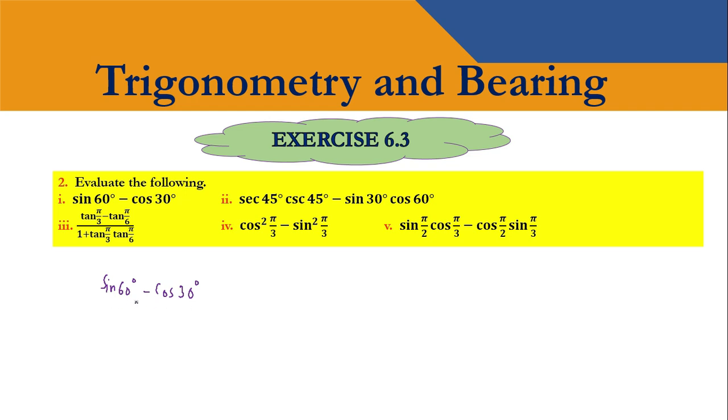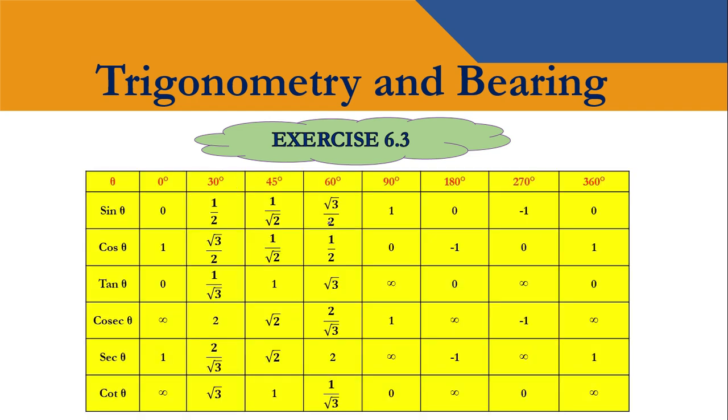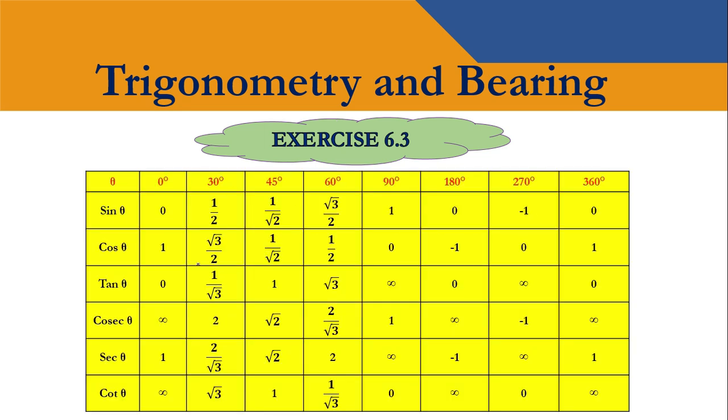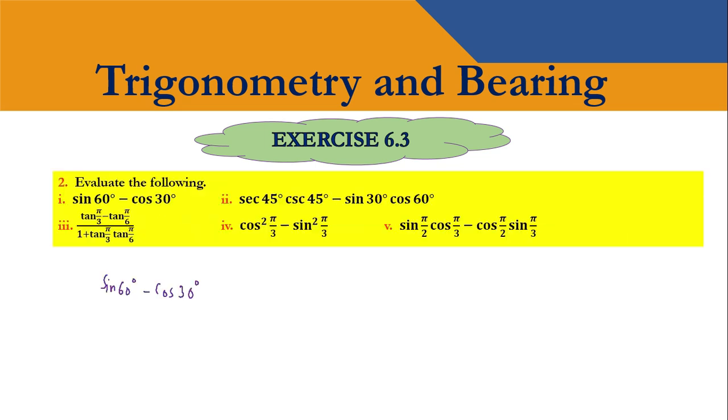So sine 60 degree, with the help of the table, we will know that sine 60 is equal to under root 3 by 2 and cos 30 is equal to under root 3 by 2.